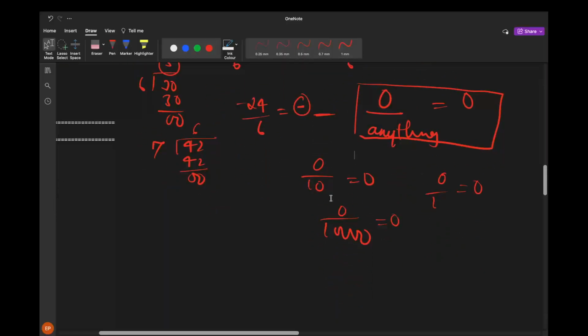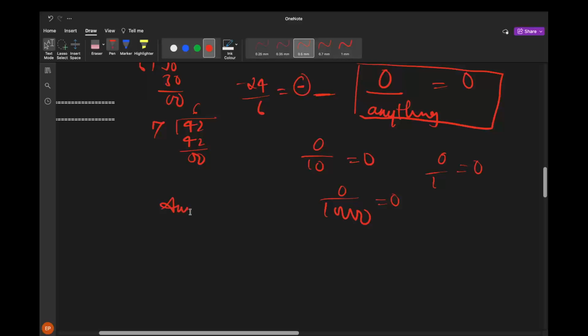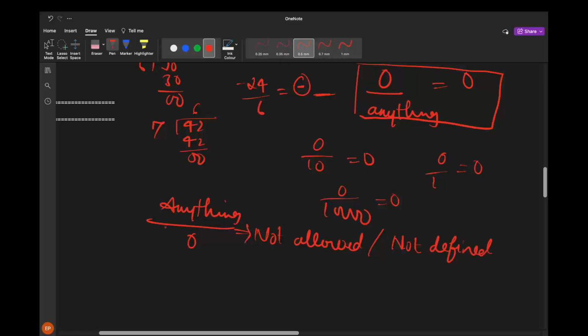But please note that anything divided by 0 is not allowed, or it is called not defined. Means we should not divide anything by 0. 2 by 0 not allowed, 3 by 0 not allowed, it is not defined. 8 by 0 no, 0 by 0 no. In the denominator there should not be any 0.